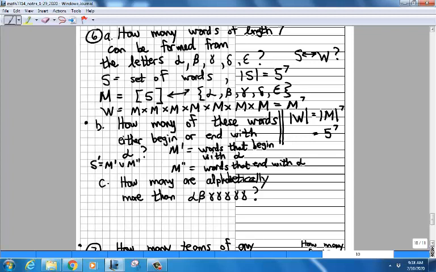Now, however, we have to count S prime, right? So now we have to deal with models. You can help me again here, right? Because I think you were thinking of M prime as actually our model for M prime, right? So what can we use as a model for M prime?